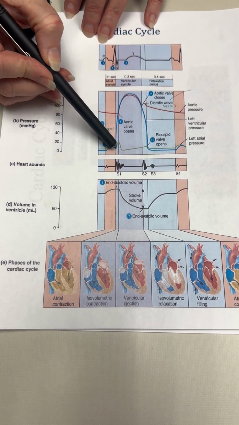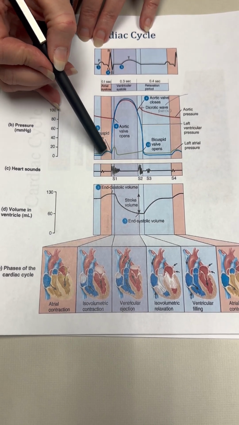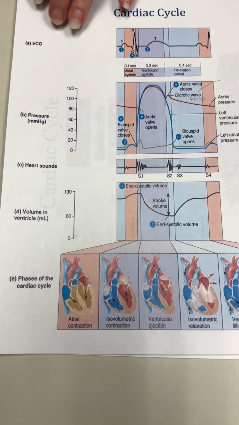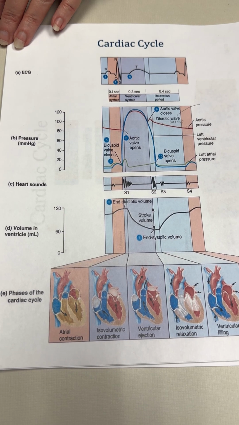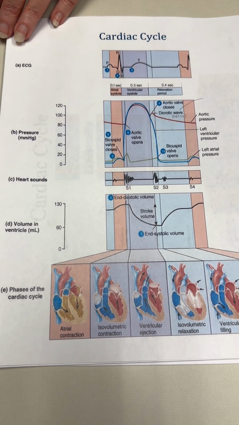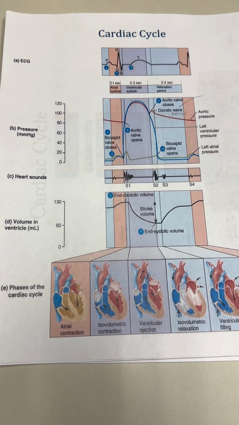And you can see on the pressure graph here that the green line increases, the blue line increases, and actually when we get to the tail end of this area, we're going to see that the AV valves close there, because now we're going to get ready for the isovolumetric contraction phase.